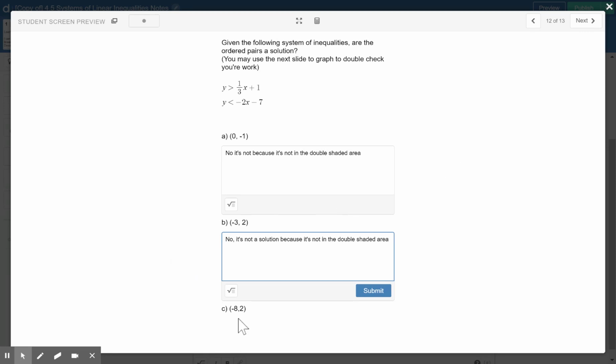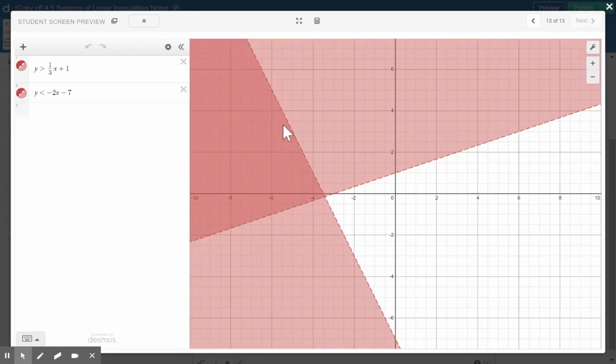Now let's look for negative 8, 2. If I go left 8 and then go up 2, yes, this is a solution. This works. If I plugged in negative 8, 2 into both inequalities, I would get a true statement.